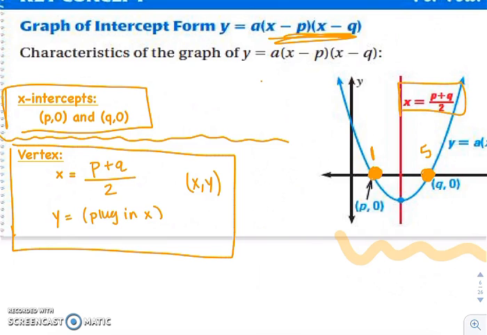That's really what you're finding, the middle, the average of those two x-intercepts. So once you find your x value of your vertex, then you just plug it into your equation to find your y. And then you get your vertex. And then if you've got 3 points, so that you would have that vertex, you can really just draw in the parabola.